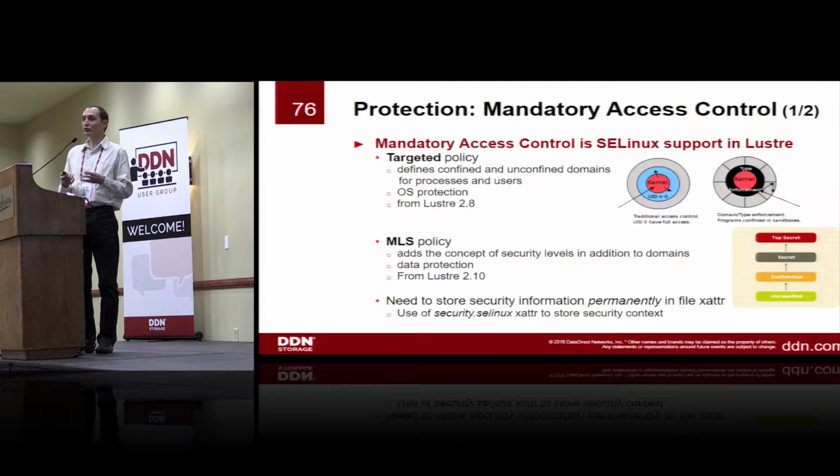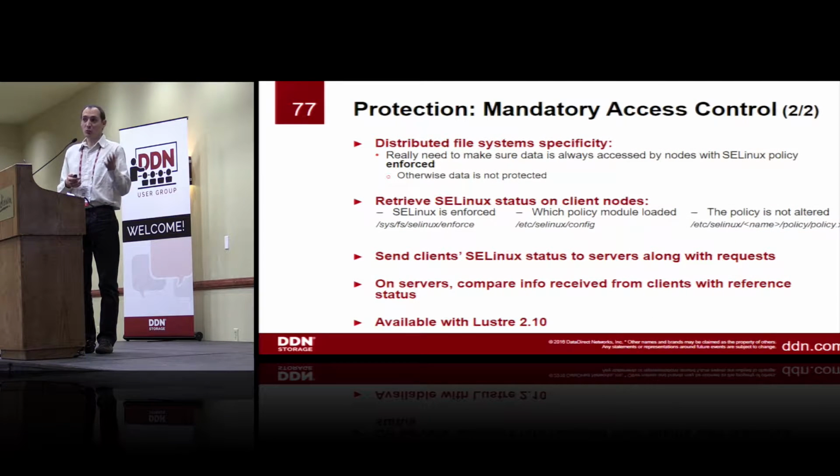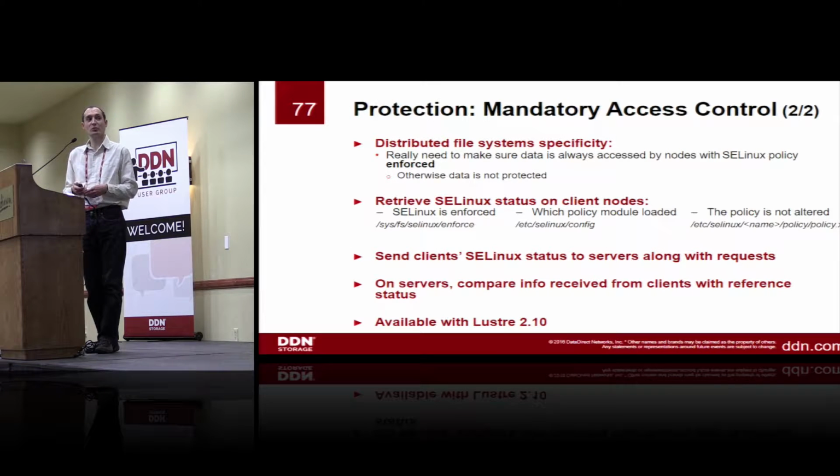Again, from Lustre 2.8, we support having SELinux MLS policy enforced on the Lustre client side. Both policies have in common that they require storing the security context permanently, so in Lustre, we use an extended attribute for this purpose.